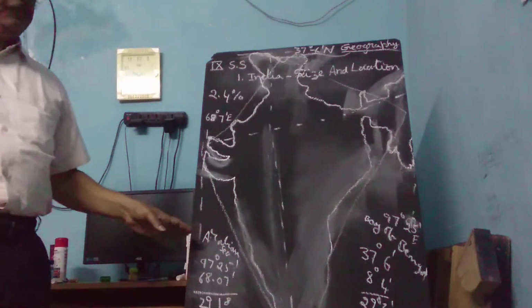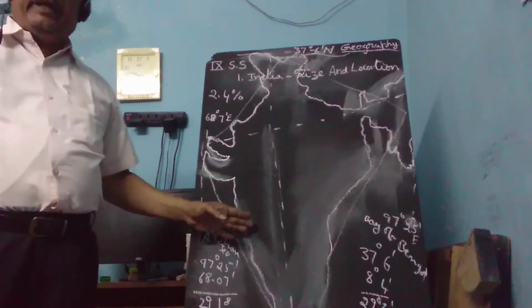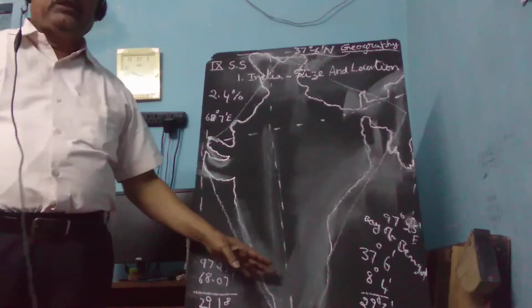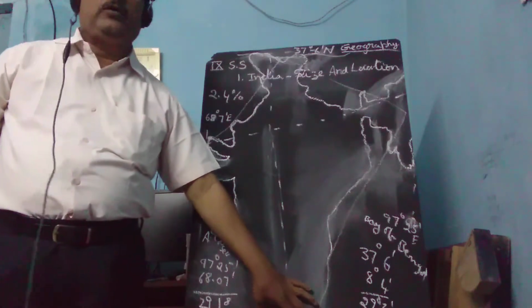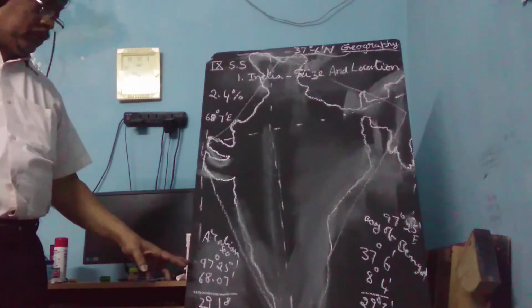In this way, peninsular India is dividing the Indian Ocean into two channels, the Bay of Bengal and the Arabian Sea.